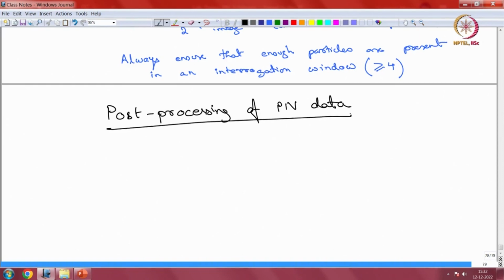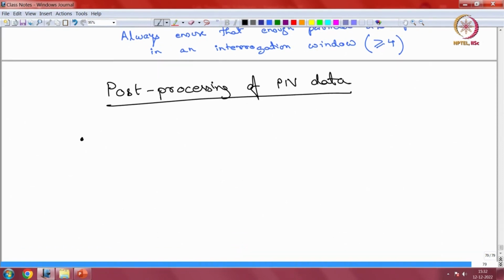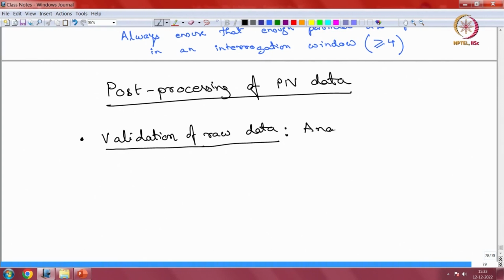Now once you do the image analysis and you get a velocity field, you must do validation of raw data. So you will get an output from your software, but you must check it, right? So that is what validation means, validation of raw data, which means that you analyze the output velocity field for spurious vectors.